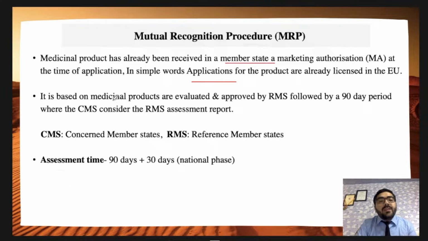It is based on medicinal products which are evaluated and approved by the RMS, followed by a 90-day period where the CMS consider the RMS assessment report. CMS is concerned member state and RMS is reference member state, as I already told you. The assessment time for the MRP is 90 days plus 30 days for the national phase.